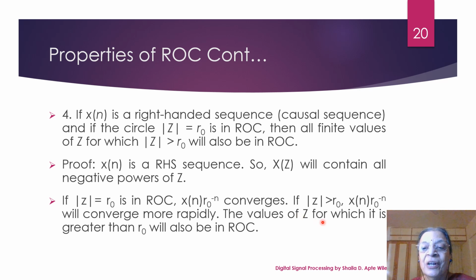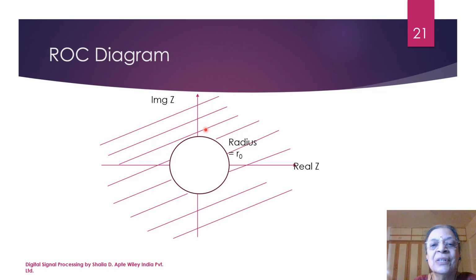So the values of z for which mod z is greater than r0 will also be in ROC. So this is the region of convergence. If the radius r0 is in region of convergence, suppose I draw the circle which is having the radius greater than r0, then it will be included in the ROC.